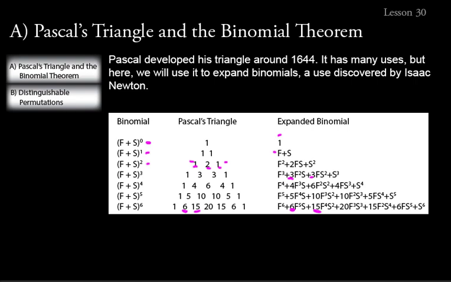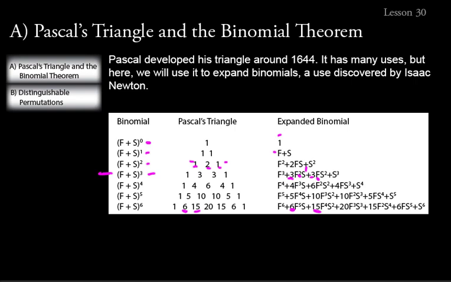So for example, if it's f plus s cubed, when we expand that binomial out, it's f cubed first, so it's like f cubed s to the 0, and then we drop down 1 on f, down to f to the second power, and then it's s to the first power. Then we drop down again on f to plain f to the 1 power, and then up 1 on s.